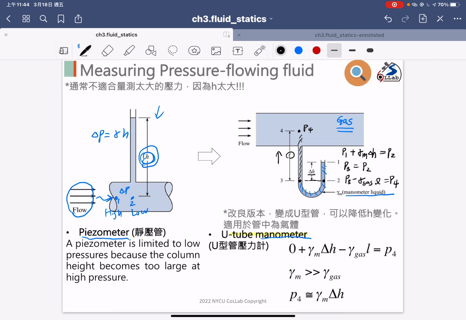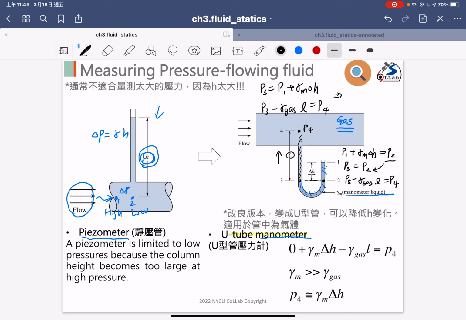Our purpose is how we can measure the P4 based on the U-shape manometer. So you can make all of the balance together. Because we know P2 is equal to P3, P3 is equal to P1 plus gamma m delta H, and P3 minus gamma gas L is equal to P4.